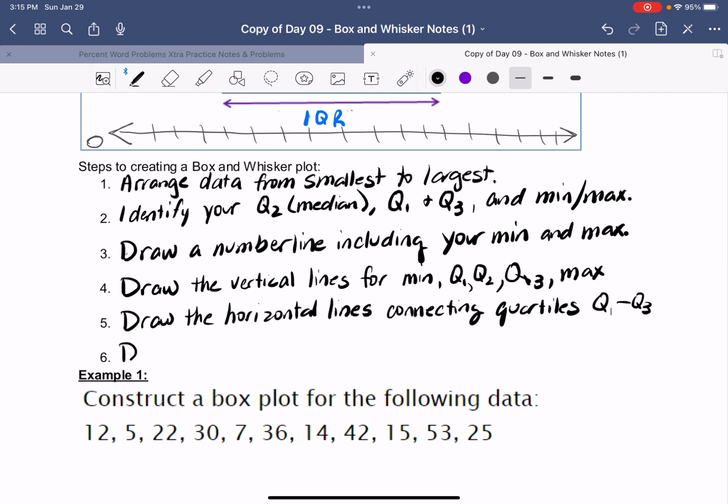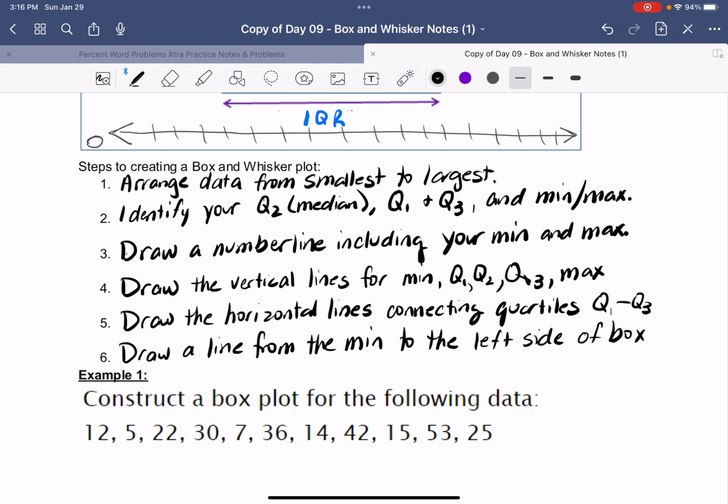So you're going to draw a line from the min to the left side of the box, which is your Q1, and draw a line from Q3 to the max.